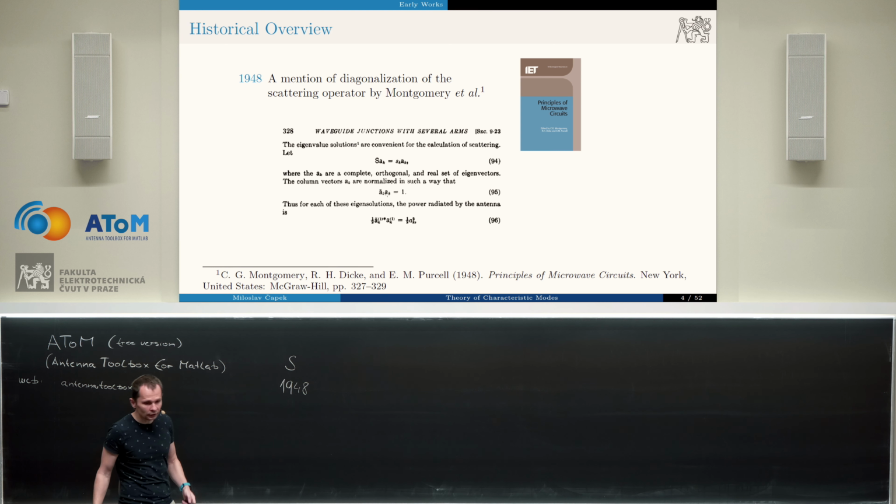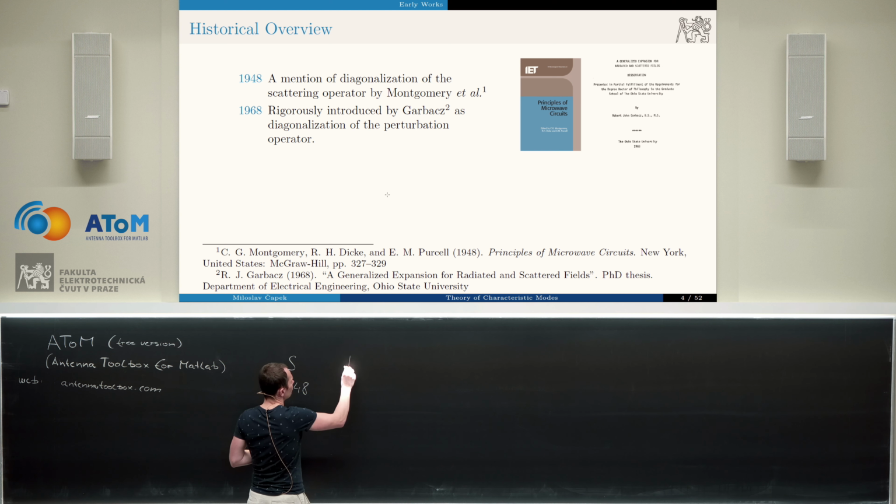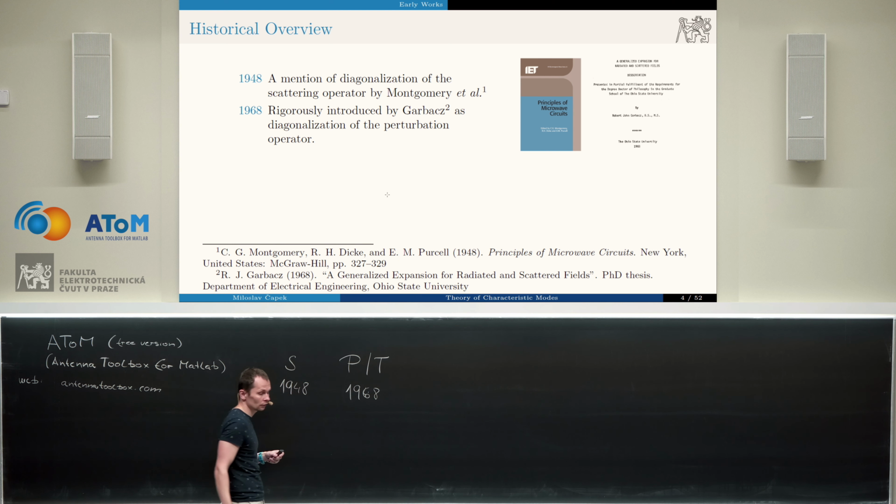Then, 20 years later, Garbacz came with his PhD thesis, in which he proposed, equivalently, to decompose an operator he called the perturbation operator. Nowadays, we would call it the transition matrix. That was in 1968, 20 years later.